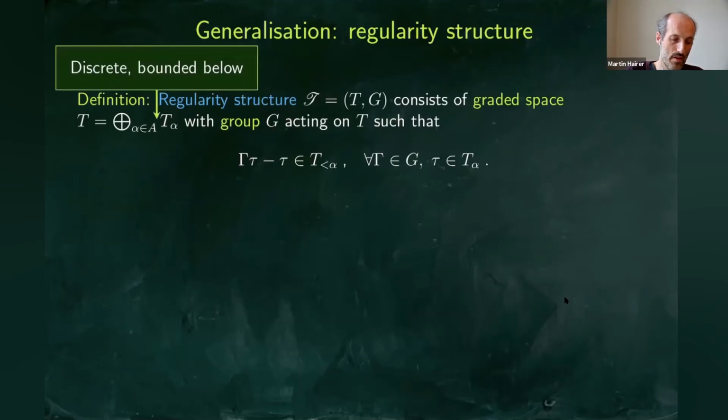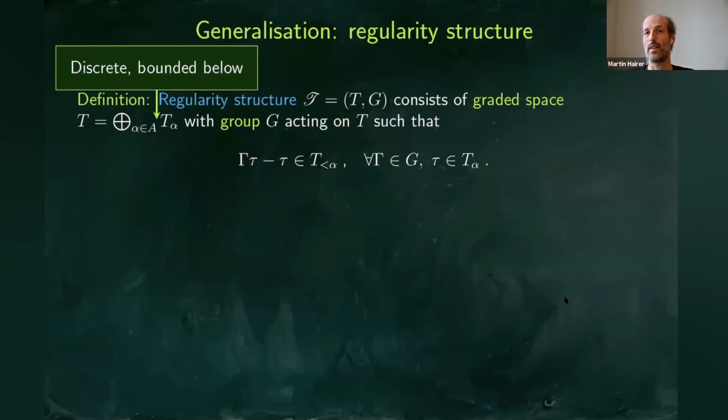So we have a group that acts on T, and we assume that it acts in the same way as translating a Taylor monomial. Being in T alpha is the analog of being a monomial of degree alpha, a homogeneous polynomial. If I have x to the k and I look at x minus h to the k and re-expand it, the highest order term doesn't change.